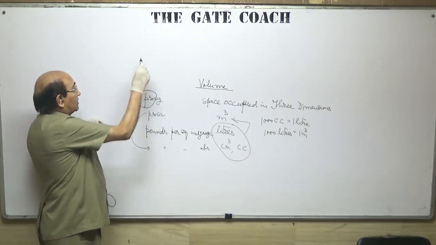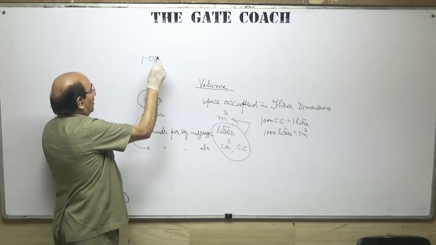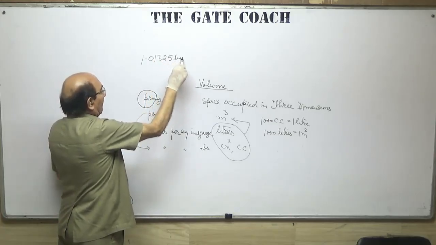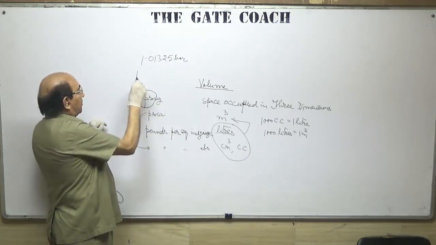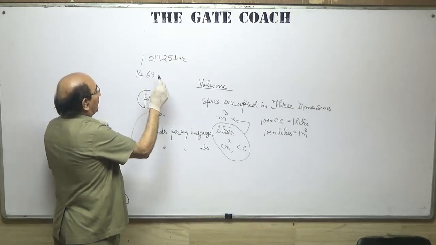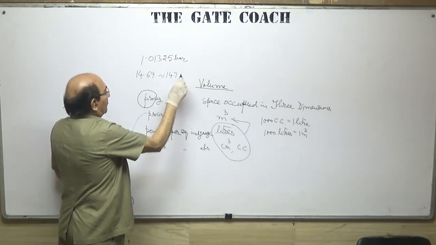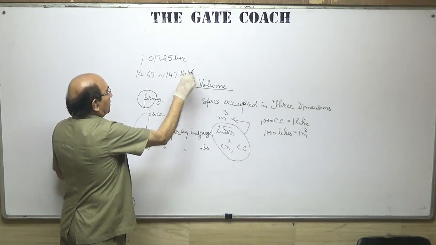The standard atmospheric pressure, which I stated as 1.01325 bar, corresponds to 14.69, which normally we take as 14.7 pounds per square inch.